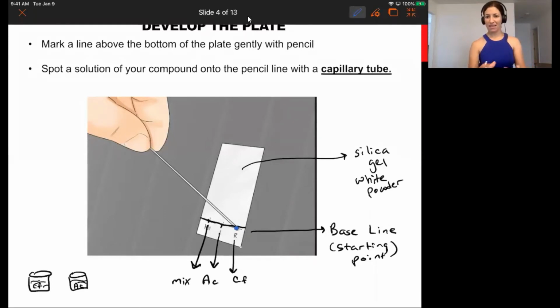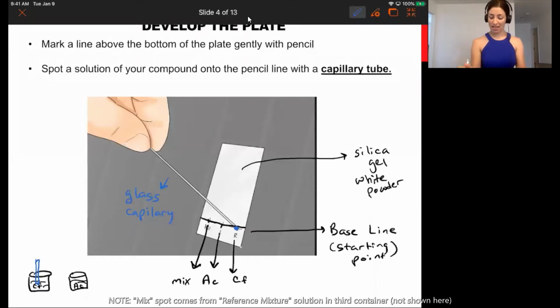Okay, again, this is a finely coated plate, so we don't want to saturate it with a big blob. Even a pipette tip would be too much volume. So what you're going to do is you're going to take a glass capillary spotter, which is open at both ends, and you're going to dip it into your solution, and you're very gently going to release 1 drop of solution onto the plate.